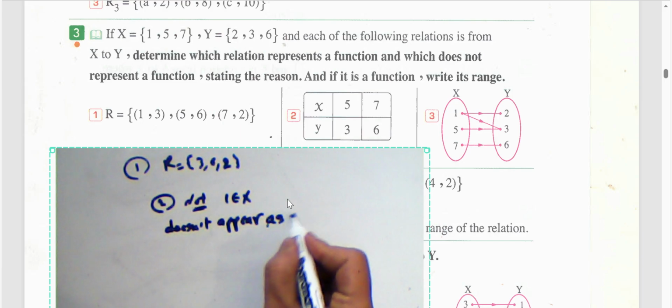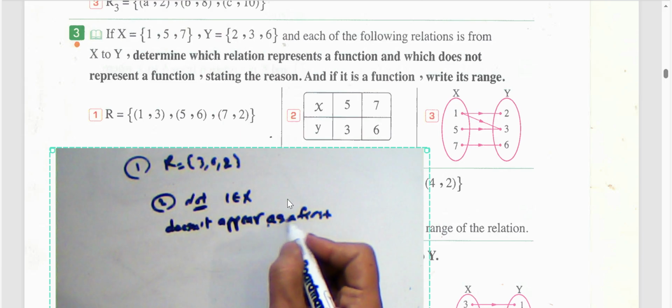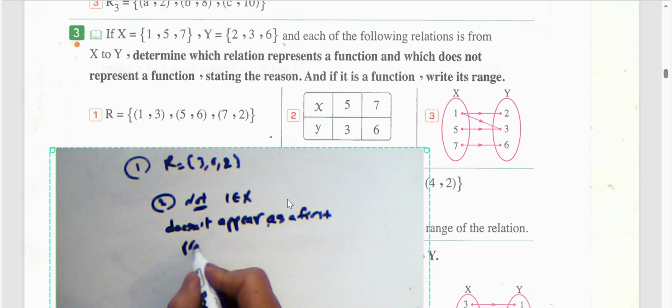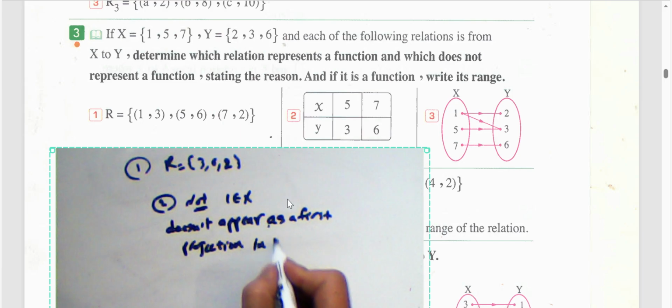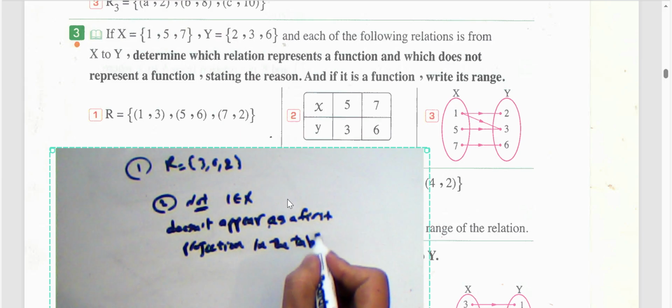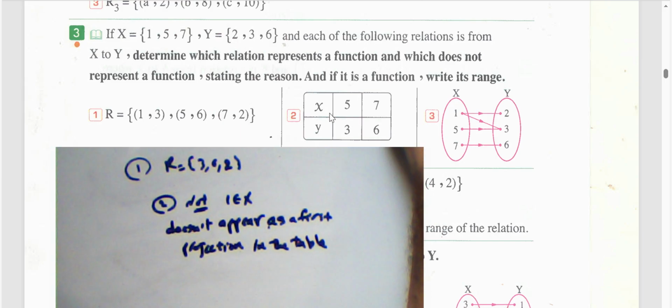Understood? Element 1, we don't have one here.